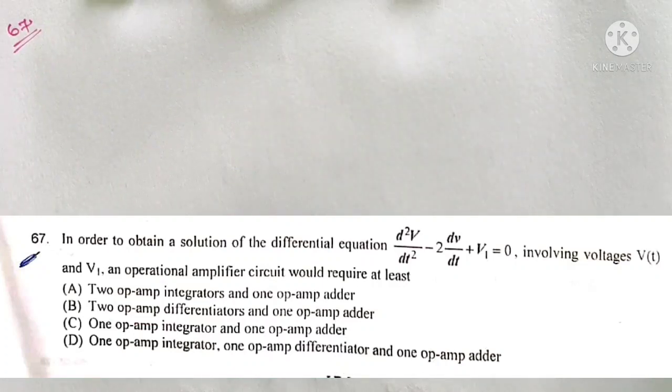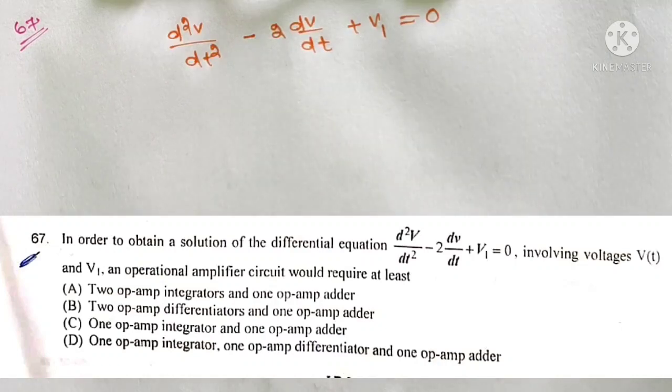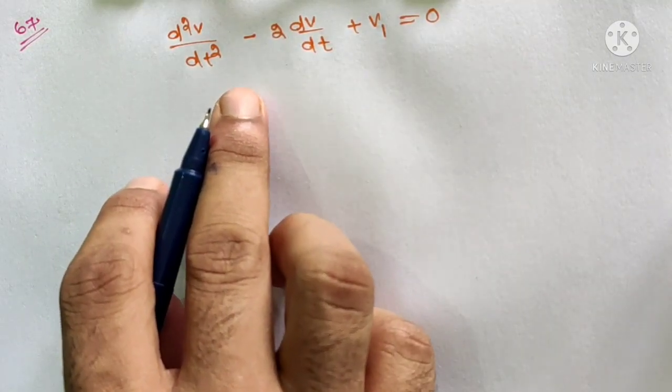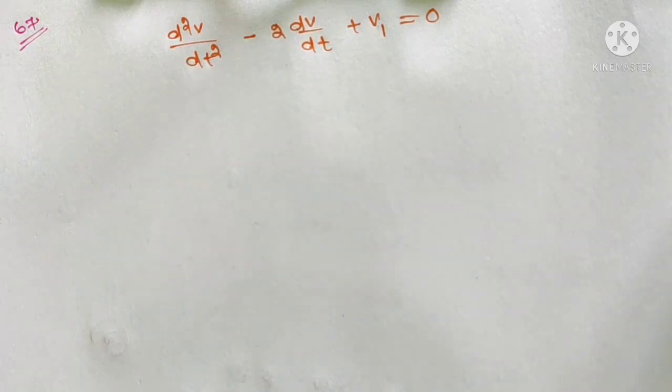Question number 67. In order to obtain a solution of the differential equation involving voltage V and V1, an operational amplifier circuit would require at least, we have to find solution of this differential equation using operational amplifier.